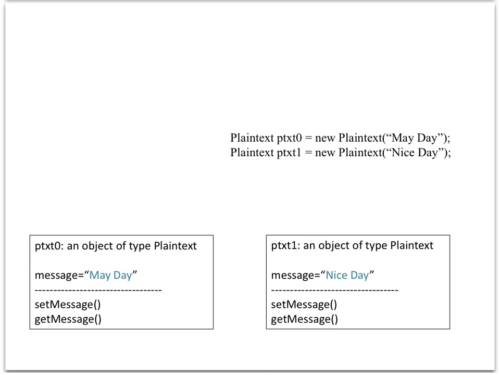They are separate, they have separate memory spaces, they have separate space for their message variable. So if you change the message variable in one instance, it doesn't touch the other instance. And this is the way you can create many objects of the same class, and there will be different memory space for each of them.